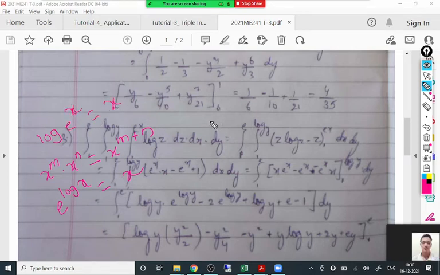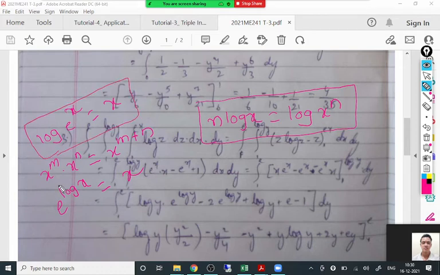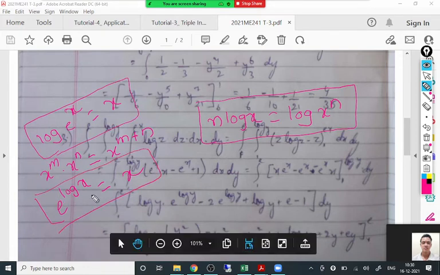What is the value of n log x? Can you simplify it? Log of x raised to the power n. So these are 1, 2, and this 3. Mainly these 3 properties are used. Okay, that may be required in this example, and you should know these properties.